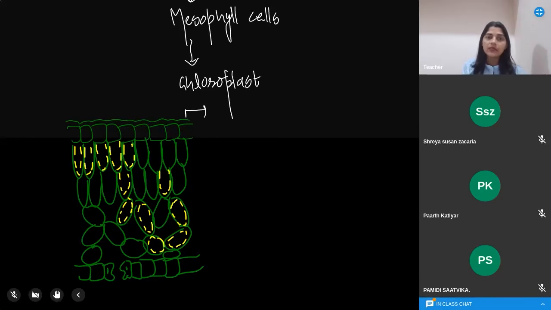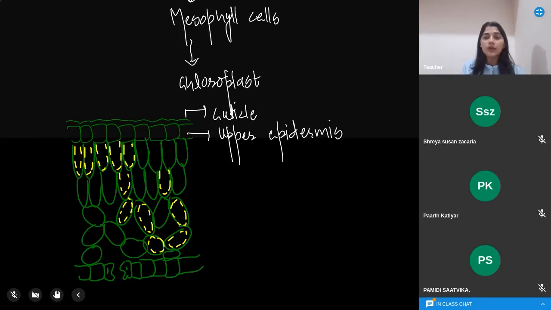Look, this is the cuticle. The outer one is the cuticle, the waxy coating. Then below that is the upper epidermis. Adaxial is the lower surface, abaxial is the upper surface. This complete portion is the mesophyll layer, composed of the mesophyll cells, right? And these mesophyll cells are of two types.